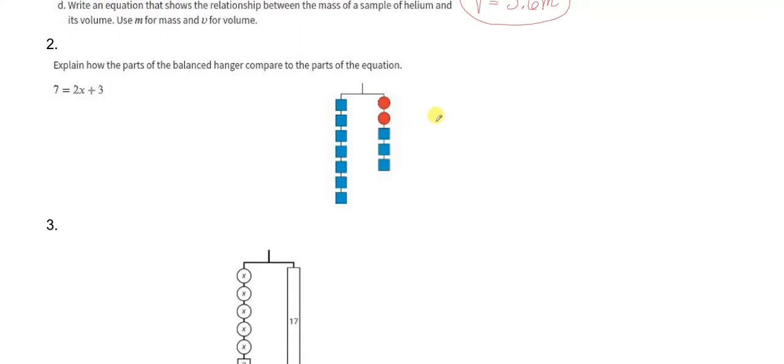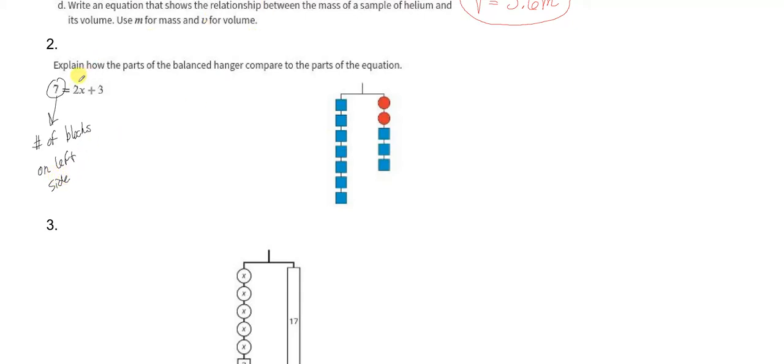Alright, explain how the parts of the balanced hanger compare to the parts of the equation. So this right here, the 7 we start with, is the number of blocks on the left side.